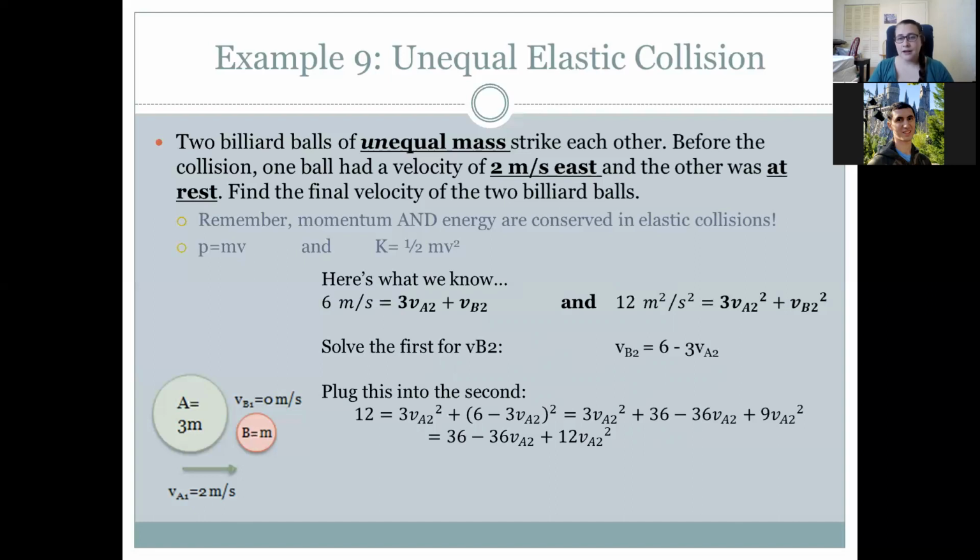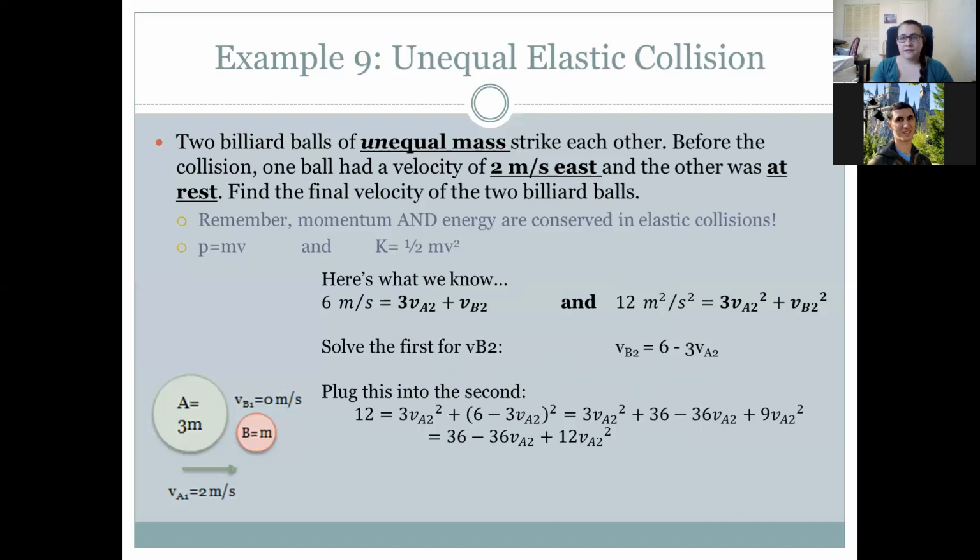And then we can combine our VA final squared terms. And we get 36 minus 36 VA final plus 12 VA final squared. Okay, so that was all just simplifying that equation.